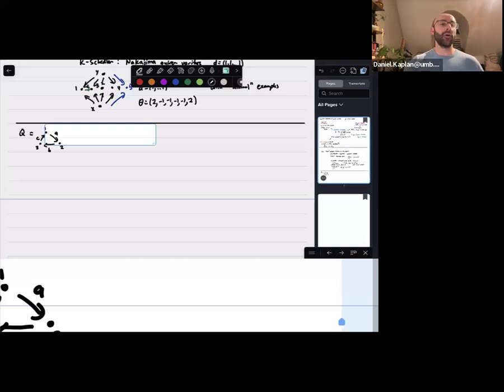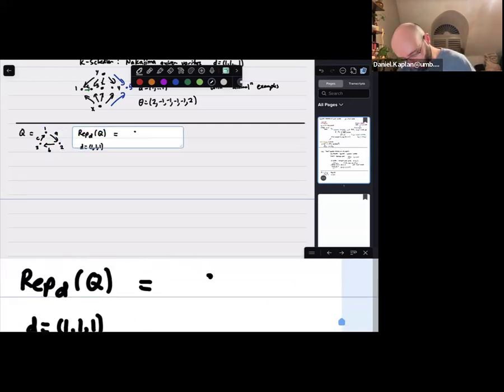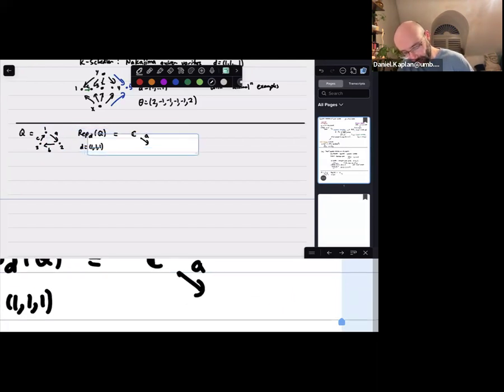And the only people that call this a quiver and not a directed graph are the people that are going to think about representations. So I can fix what's called a dimension vector D to be, say, all ones in this case. And now what the representations of this quiver are is I put the complex numbers at that vertex. I have a linear transformation.